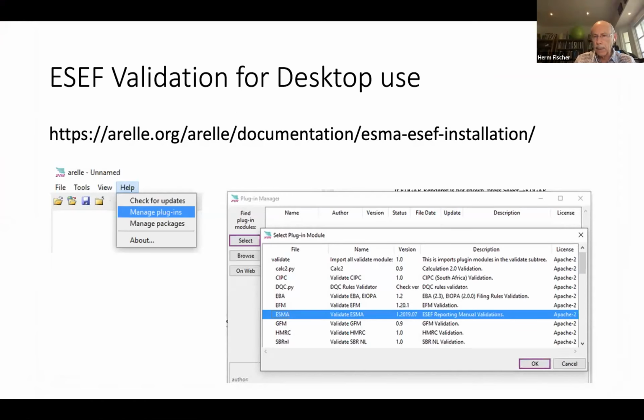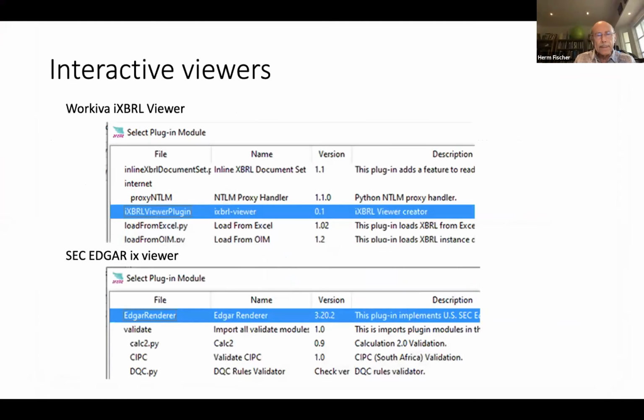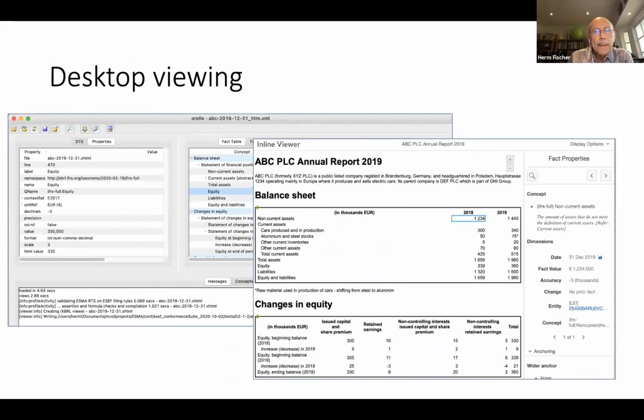And this can guide you through them. There's a set of interactive viewers, the Workiva and the SEC viewer. The Workiva viewer is probably better tuned to ESEF than the SEC viewer. The SEC viewer is probably important to multinationals filing their filings to both sides of the pond.